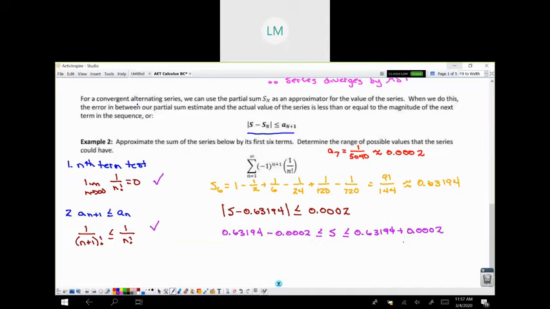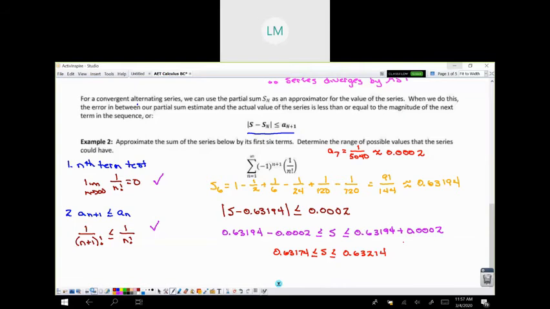So we know that the series is going to be somewhere in between those two values, which gives me that our series is going to be greater than 0.63174 and less than 0.63214. So we'll go over some other examples of that in class tomorrow.